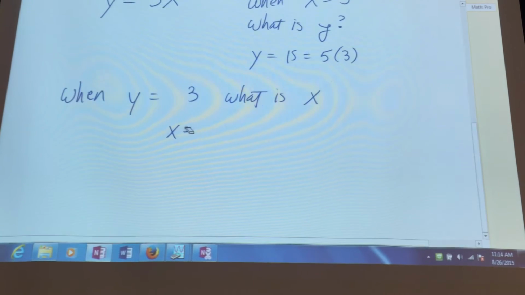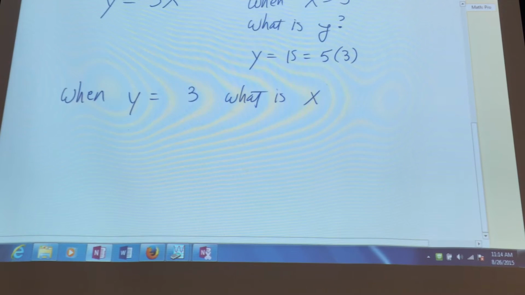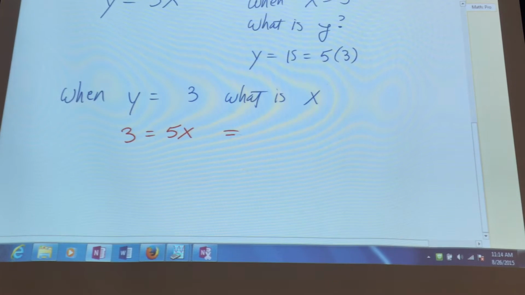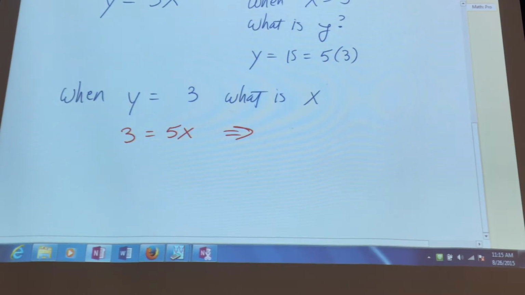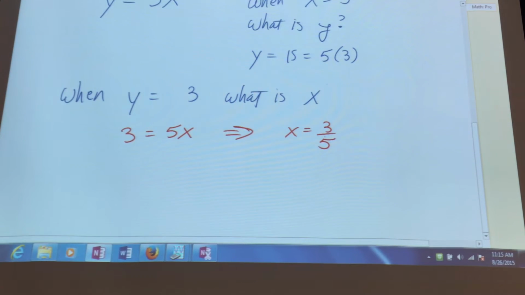Here, write it down in a more clear version of this. We'd say that 3 is equal to 5x. And from that, we would conclude that x is equal to 3/5. Any surprises there?